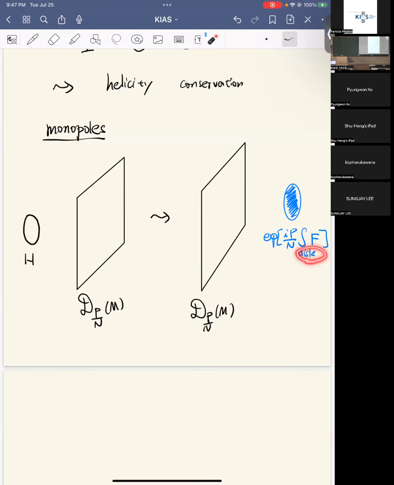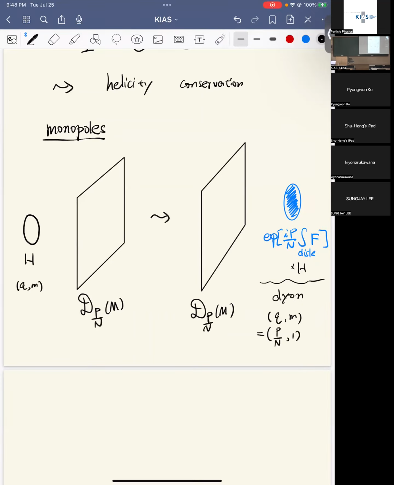The boundary of the disk is the circle right here. So this term is trying to be the integral of A, multiplied by the charge. So this blue piece is trying to be a Wilson line of fractional charge. So the composite object is a dyon. It's a dyon of electric charge p over N and magnetic charge 1.